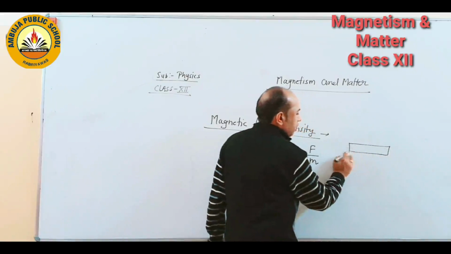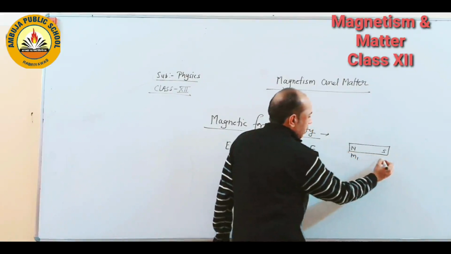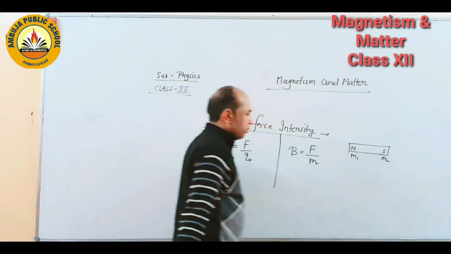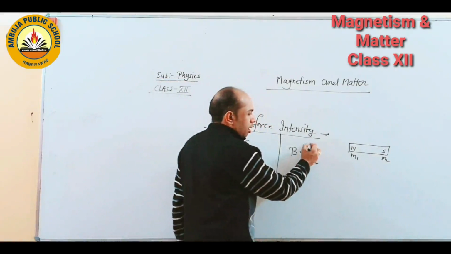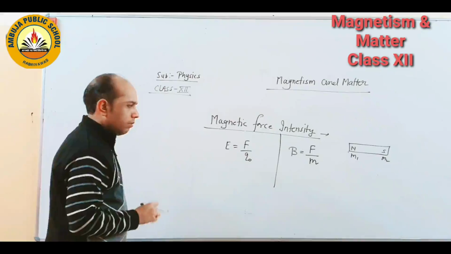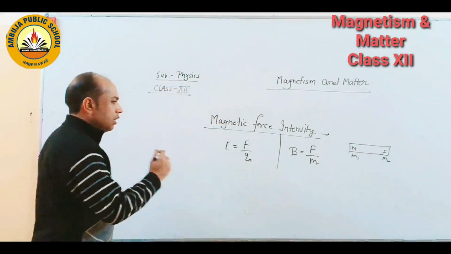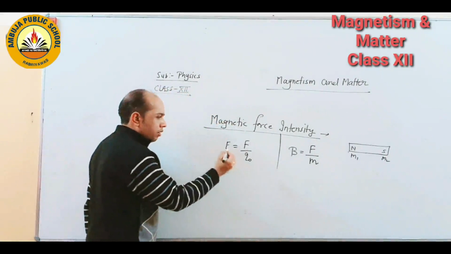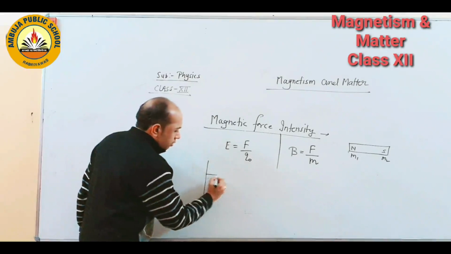And for every magnet we have two poles, north and south, and its pole strength is M1 or M2. So per unit pole strength, how much force is exerted, this is counted in magnetic force intensity. In electrostatics, whenever we derive, the same result holds, only the difference is in notation.